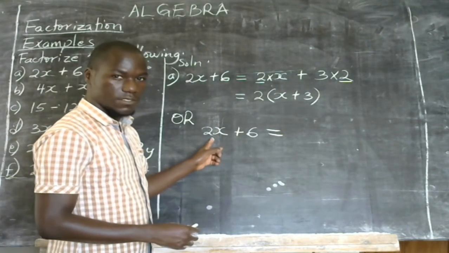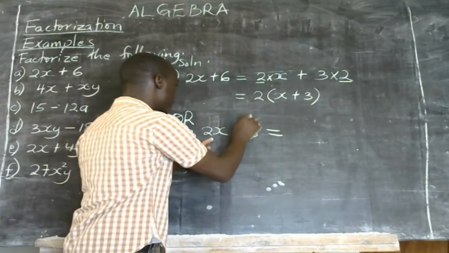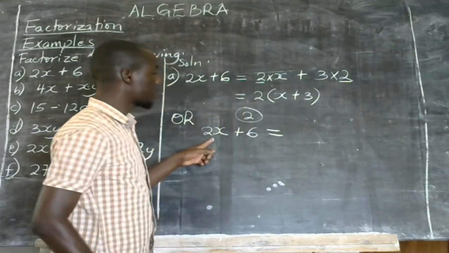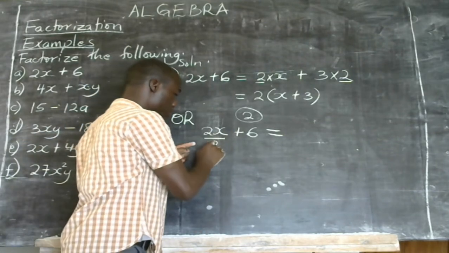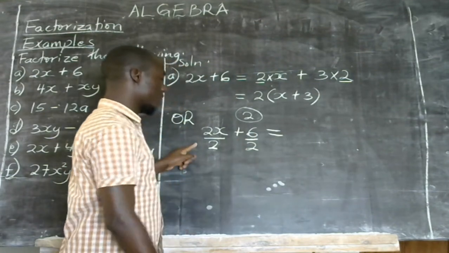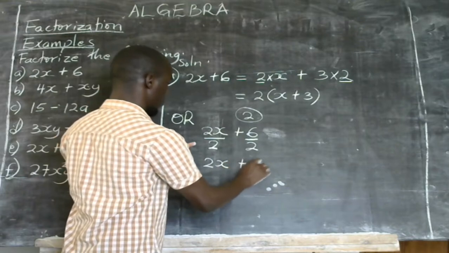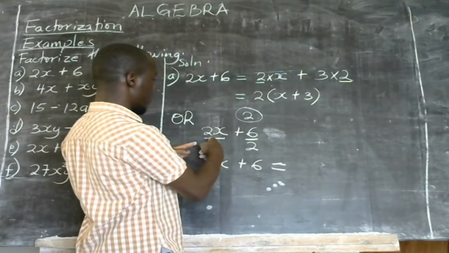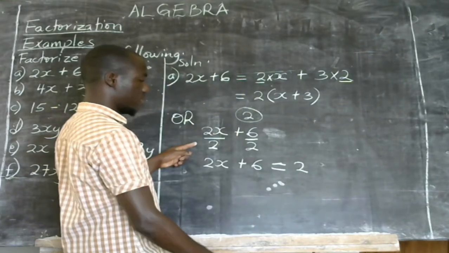Some other person, after identifying the common factor as a 2, you come here, you divide that 2 there, and also divide that 2 on that term there. So now, after dividing, that factor should be already outside.